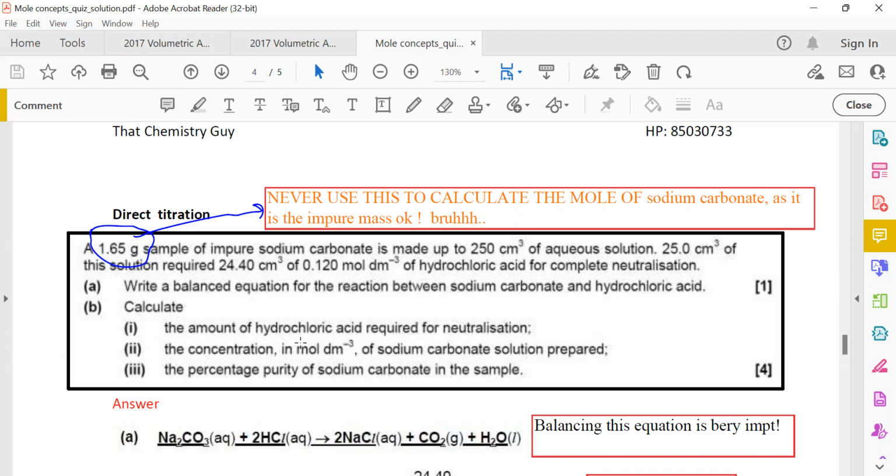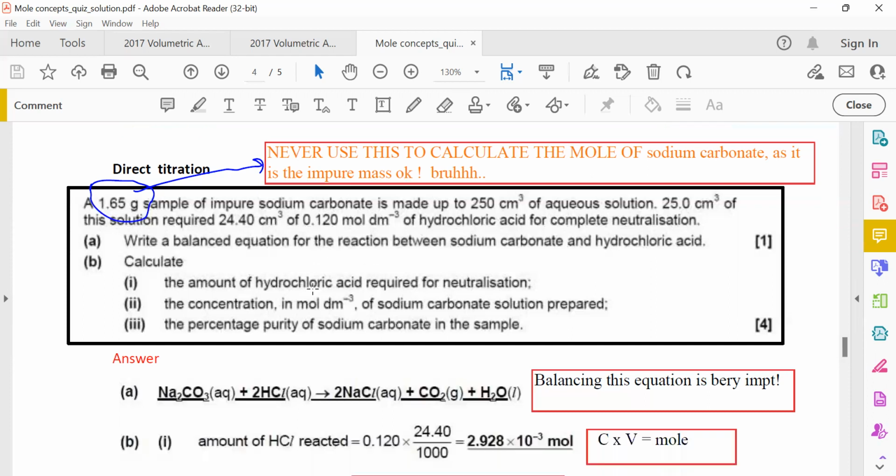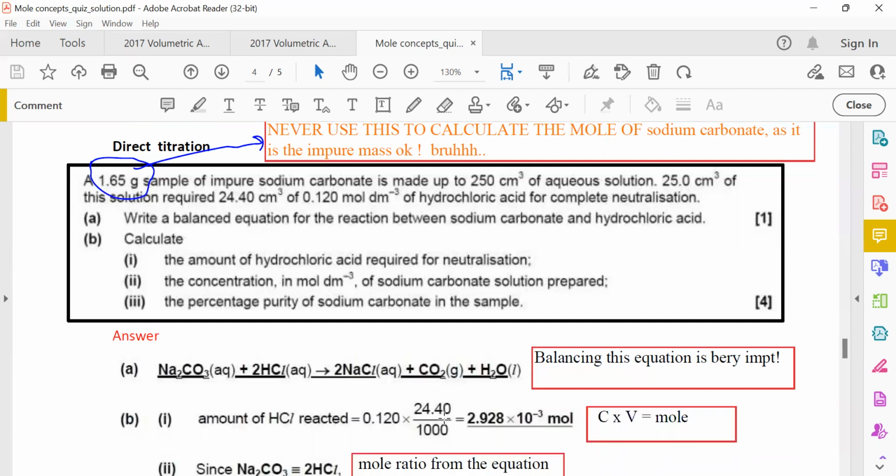If they ask you to calculate the amount, the last data is always the answer for the first question. For the amount of HCl required for neutralization, just remember to calculate C times V, divided by 1000 instead of using cm³. So you calculate C times V in dm³ and you get this amount. And obviously, this is very, very important. If you do not know how to balance this, then you need to practice how to balance a carbonate with an acid.